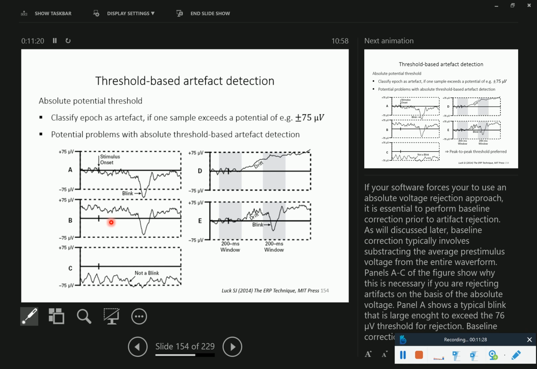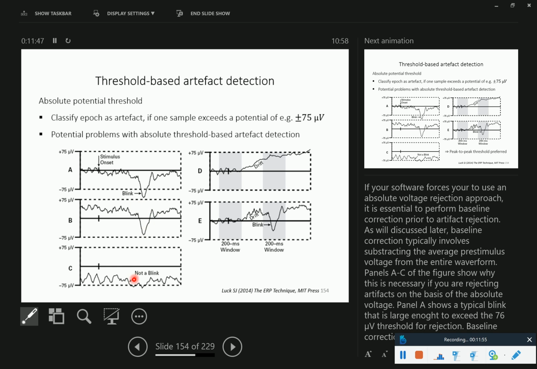Now, if in your pre-processing you have a deviation from 0 already at baseline, then an absolute threshold might not detect such a blink, because of this baseline shift the blink is within your threshold bound, and you will not detect it.